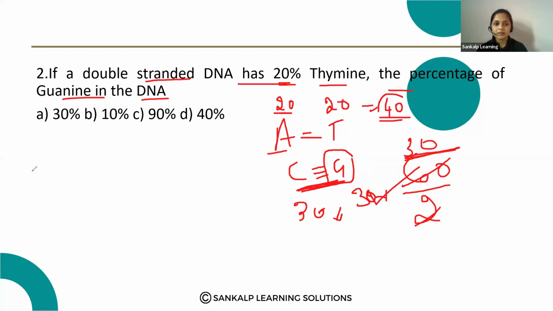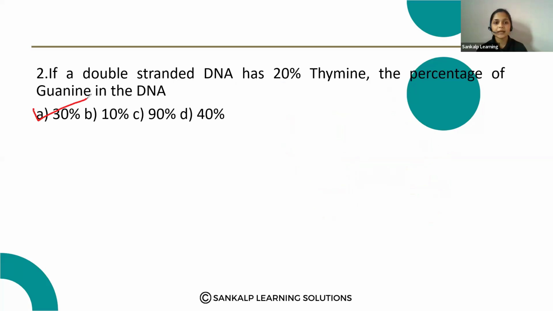The correct answer is option A, 30%. To solve this question, you should know that the amount of purines is equal to the amount of pyrimidines. So option A is the correct answer.